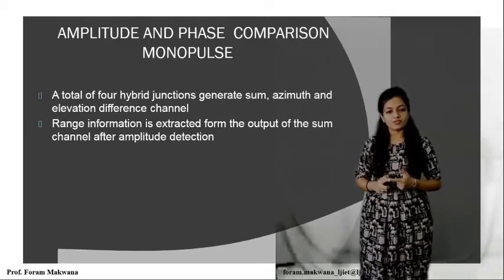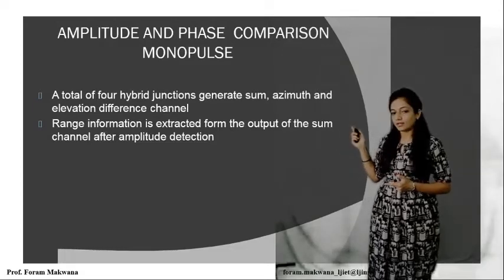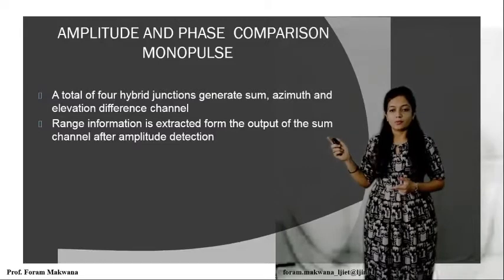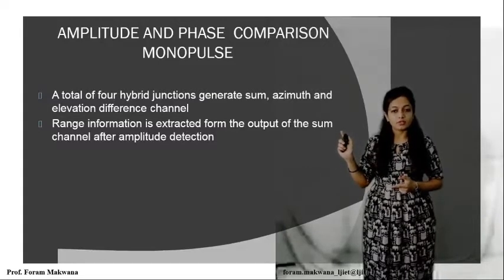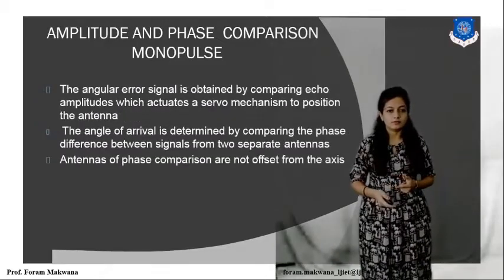We are able to extract the range information from the sum signal and the angle information from the difference signal. Alright. So it is going to be detected after the amplitude detection.